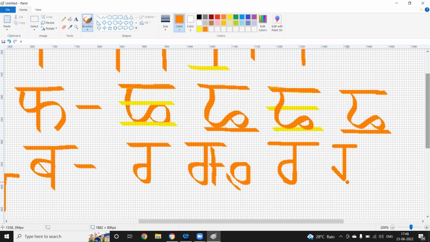Correct? So it shouldn't be like that. There is no sharp angle triangle at the end. So this is a soft round, and then it goes up and attaches to the vertical stroke like this. The only thing here is this particular shape that you see, a little slant you will see.